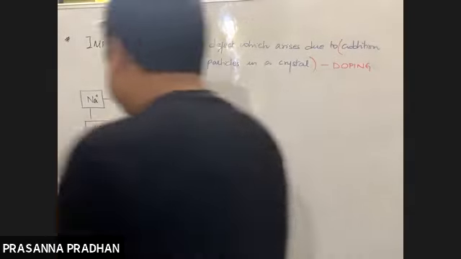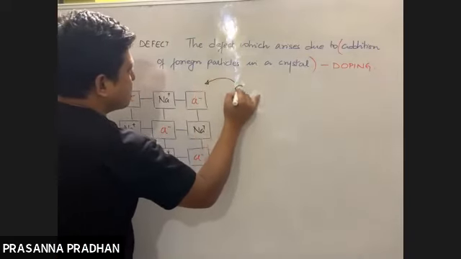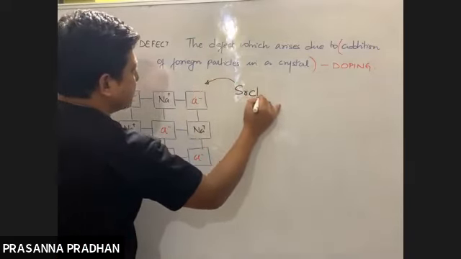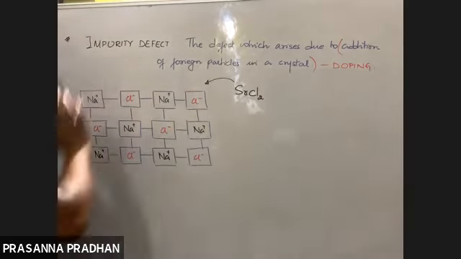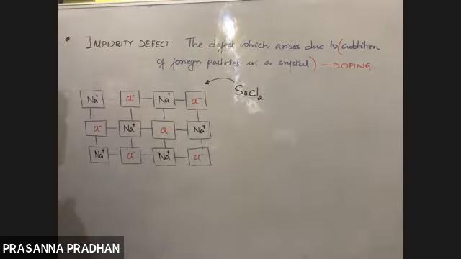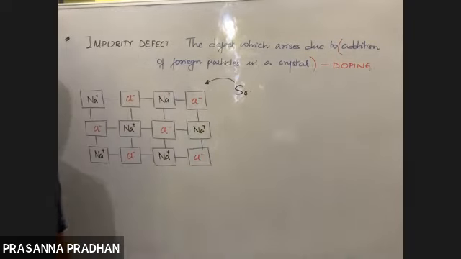Now, if I add strontium chloride, SrCl2, I'm doping with SrCl2. And normally the cations are doped क्योंकि cation छोटा होता है तो. So strontium chloride में we are adding strontium ion.